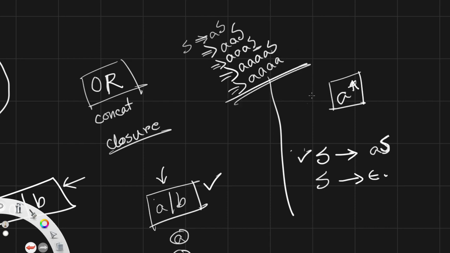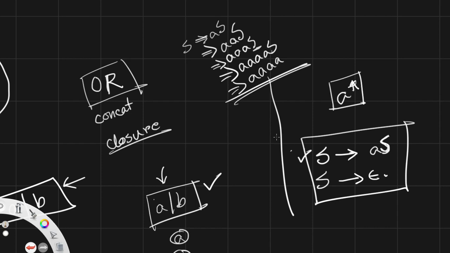So there you see, star can be generated using this grammar. I have got the grammar for OR, the grammar for concatenation, the grammar for closures, which means anything that you can create using a regular expression can also be created using a context-free grammar.